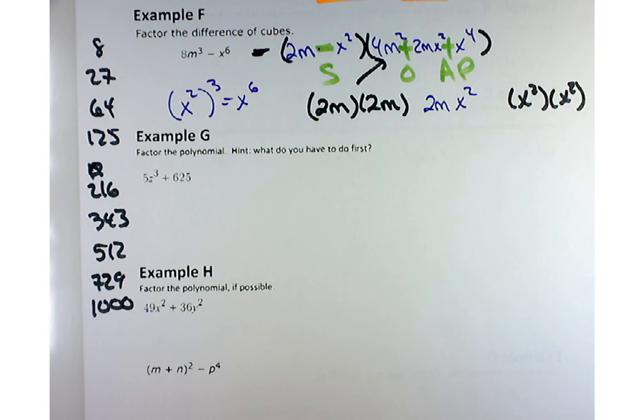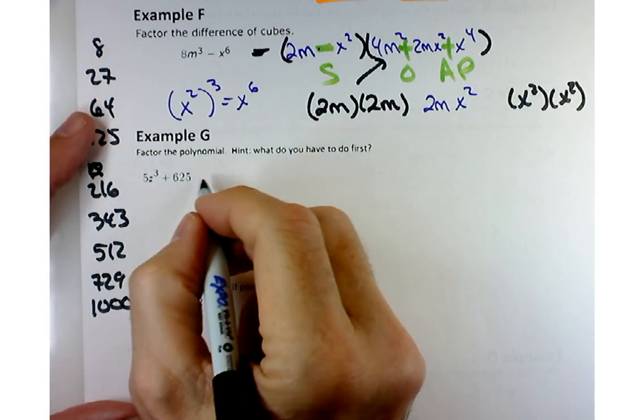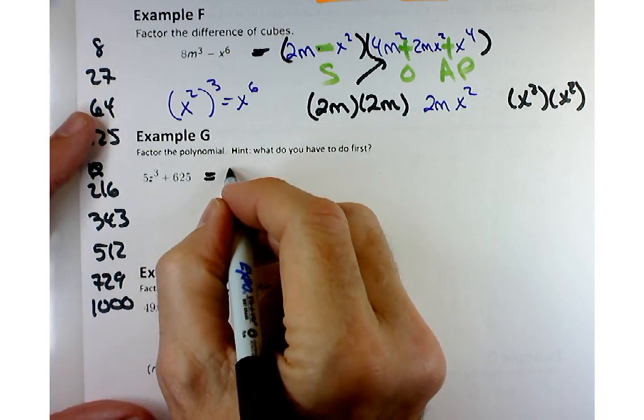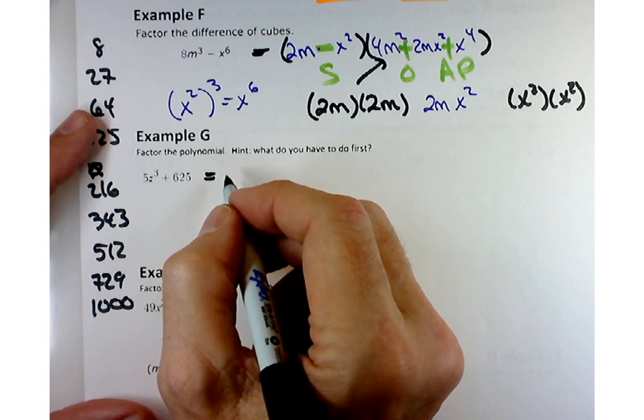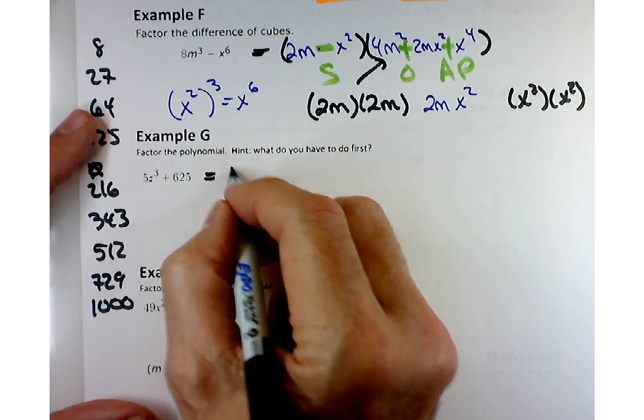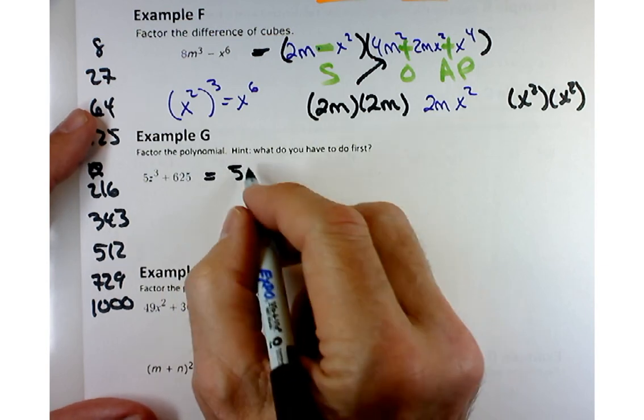What's a way to start on this one? Divide, or like, lowest common denominator, or the common factor. Yeah, GCF. What's the GCF in this one? What's common to both of these?